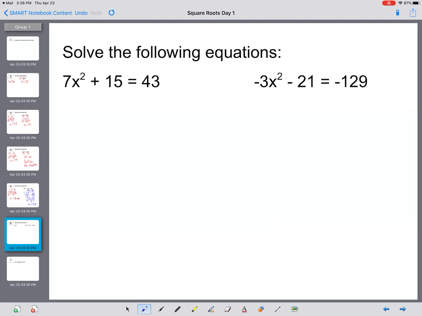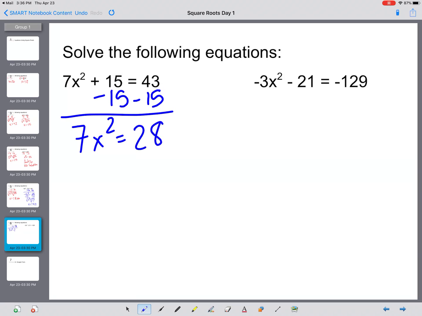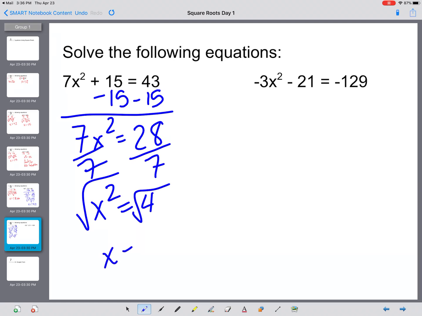Here, subtract 15. 43 minus 15 is 28. Divide by 7. X squared equals 4. Take the square root. Plus or minus 2.